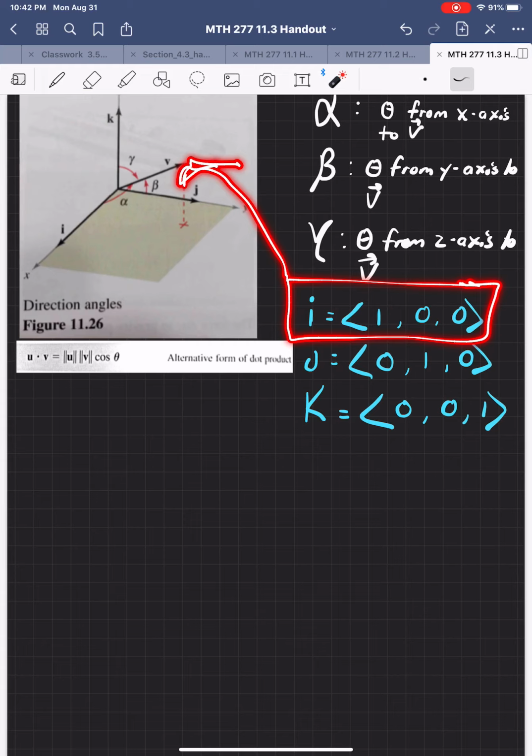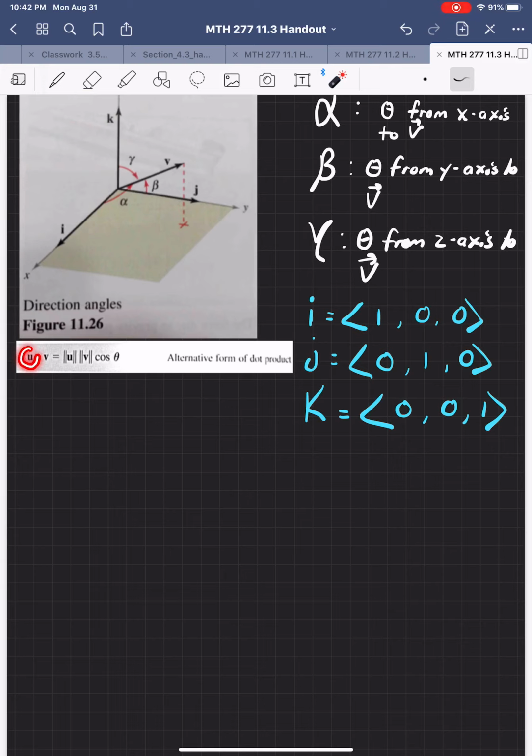All that's going to happen right now is I'm going to substitute, instead of having a vector u, I'm going to use the vector i. And I would do the same thing with j and the same thing with k, only I don't think I need to go through all of that. I think I can get you to it fairly quickly. So let me write it.